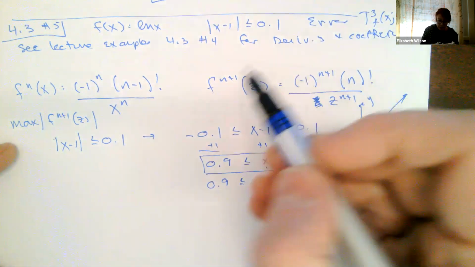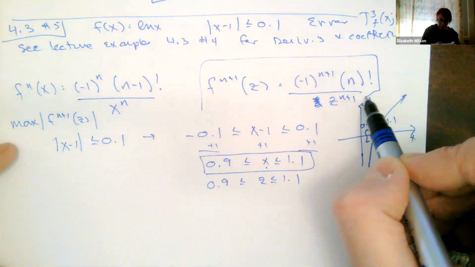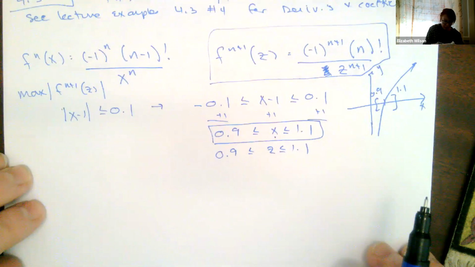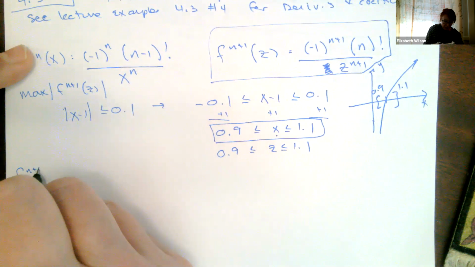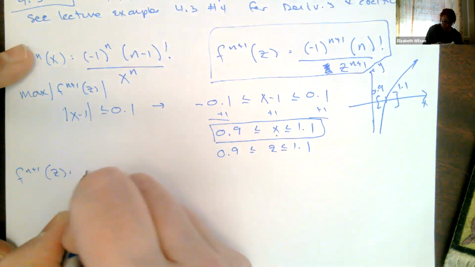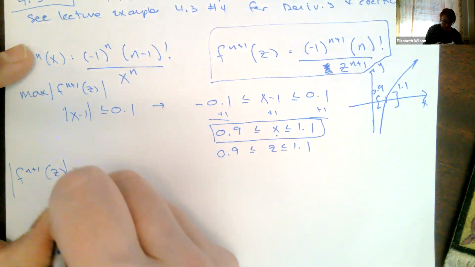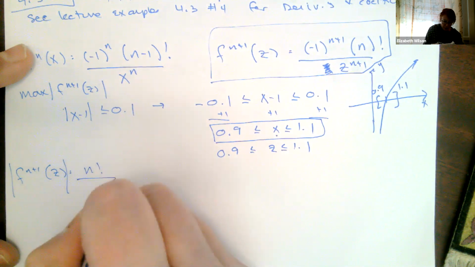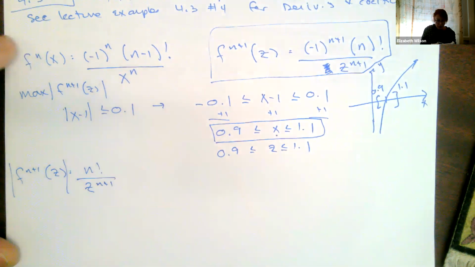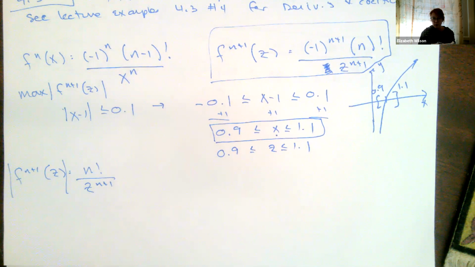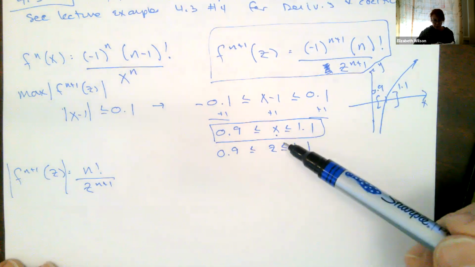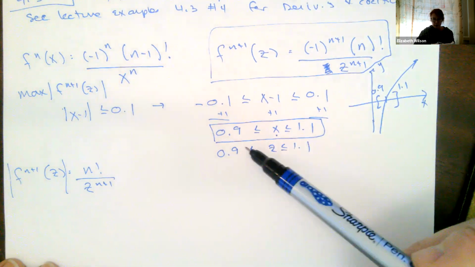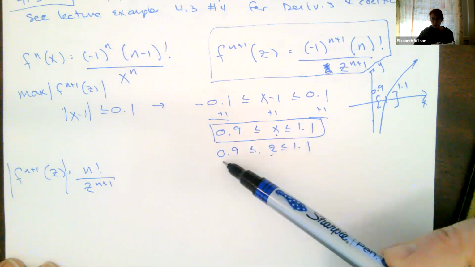Not bad, except that look what we're dealing with here. When I deal with my f of n plus 1 of z, I'll take the absolute value so I can get rid of the negative. So I've got n factorial all over z to the n plus 1. I've got 1 over z happening. I need to be able to compare apples to apples. Z goes between 0.9 and 1.1.